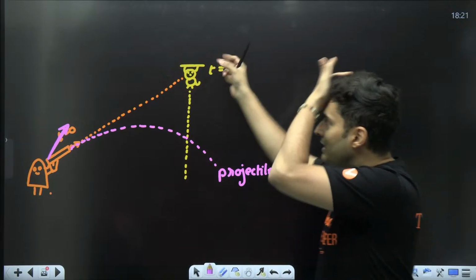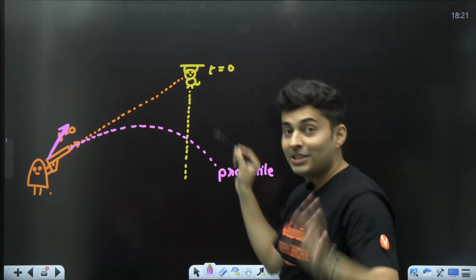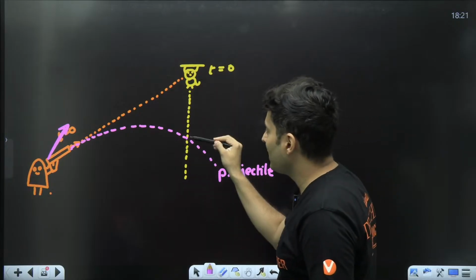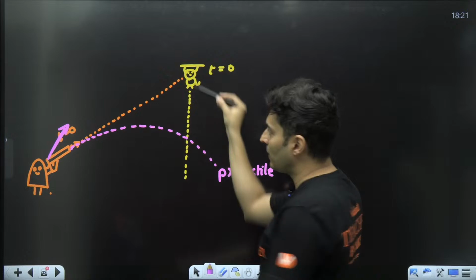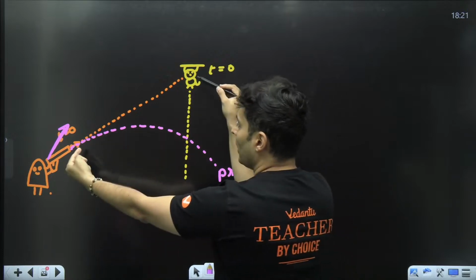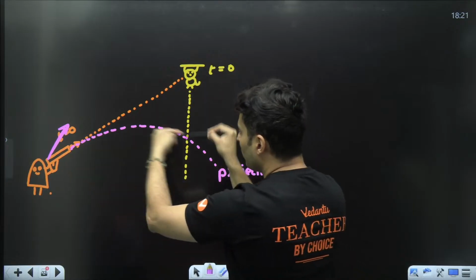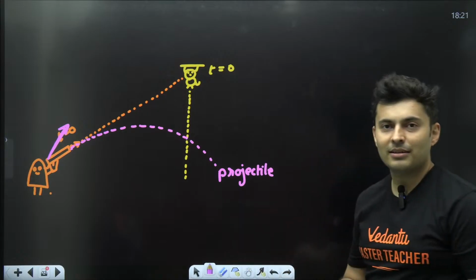Now this monkey left his hands and he is falling down, right? And because the monkey fell down and because of this guy's miscalculation, either the monkey goes first, then the bullet goes, or the bullet goes first, then the monkey falls, or both of them get hit by each other.